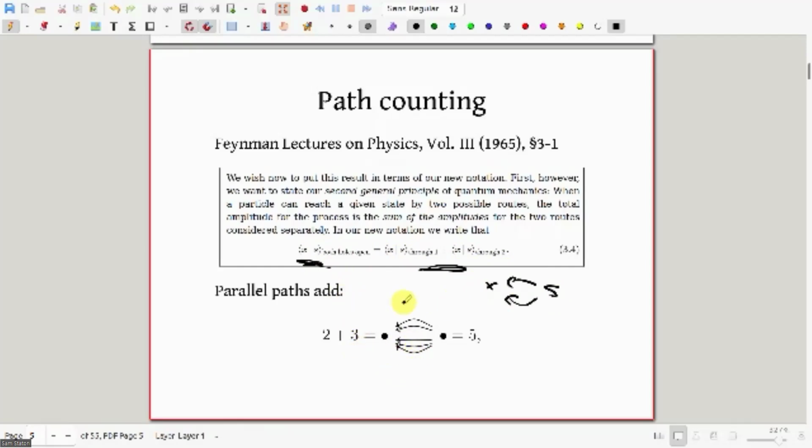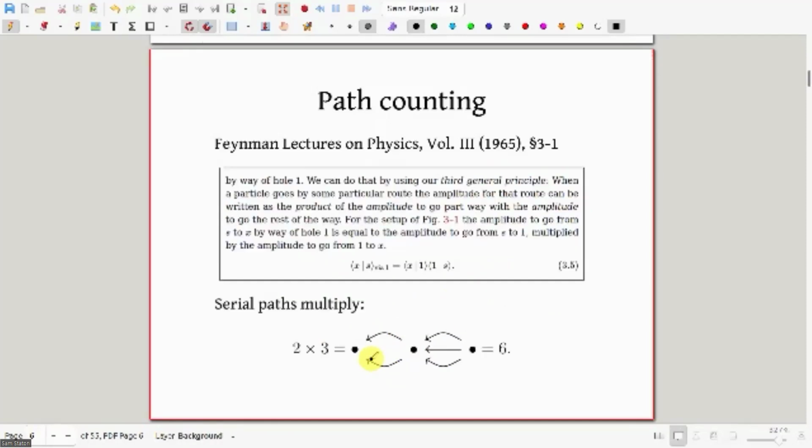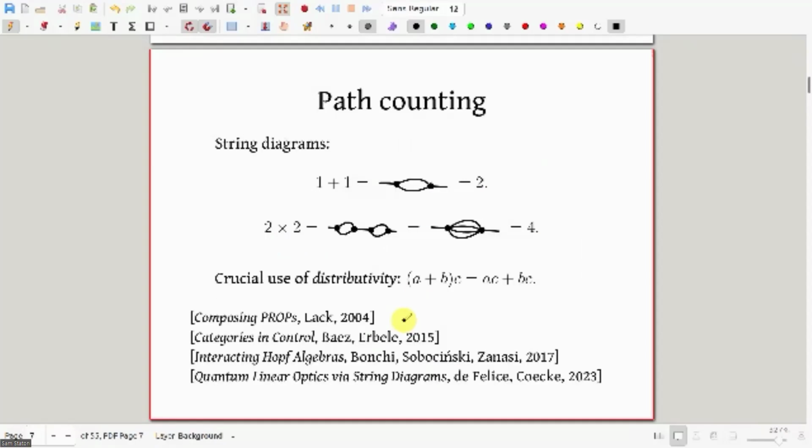I've got a kind of picture here of how this is going to grow. Another example, two possible ways and three possible ways. And then there's another rule: if a particle does something and then has to do something else, then you multiply the amplitudes for those two processes. In terms of path counting, that's this kind of serial composition of paths.